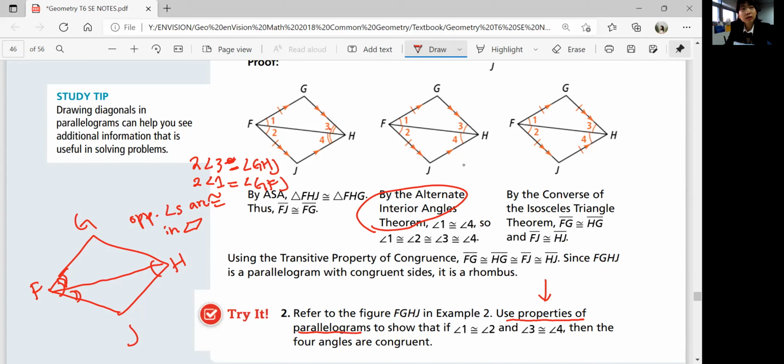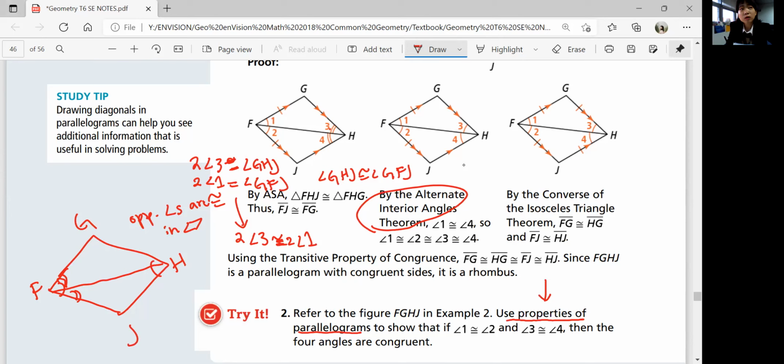And so since the angles are congruent, we can say that by substitution, you can say 2 times angle 3 must be equal to 2 times angle 1, or congruent, which is basically equal for the measures.